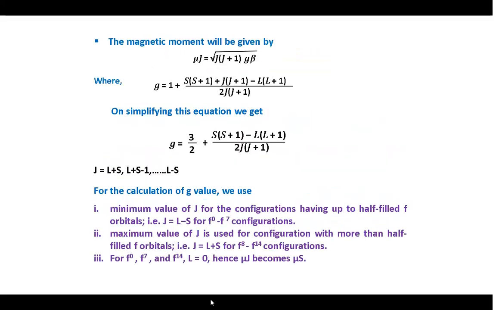The magnetic moment will be given by the following equation. μJ is equal to √(J(J+1)) gβ, where g is equal to 1 plus [S(S+1) + J(J+1) − L(L+1)] divided by 2J(J+1).